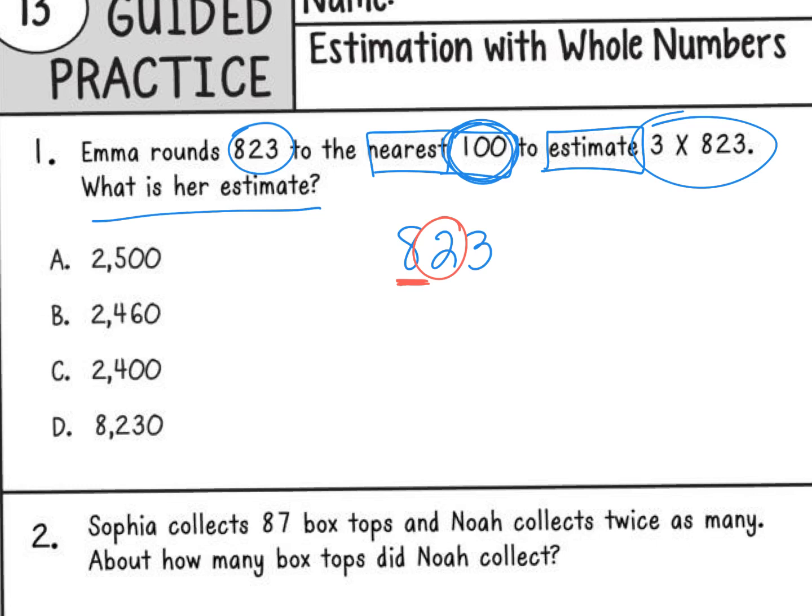So if I round 823 to the nearest 100, that would be 800, right? Yes. And 800 times 3, 2,400. What's 8 times 3? 24, right? So it's going to be 2,400. So it would be C.